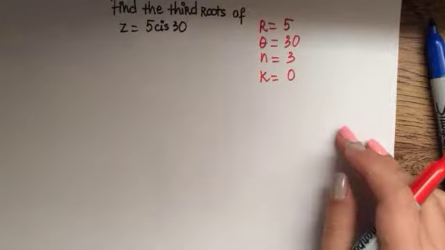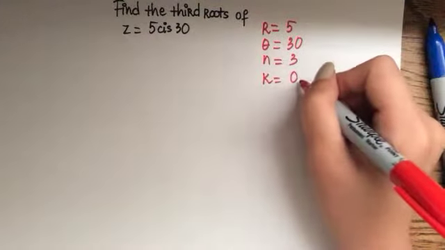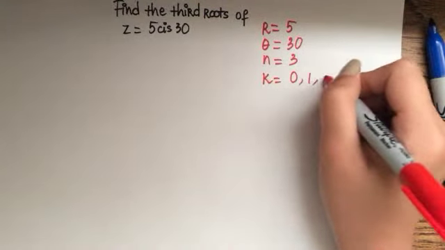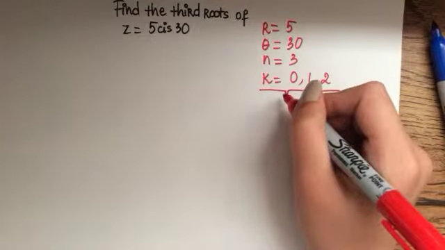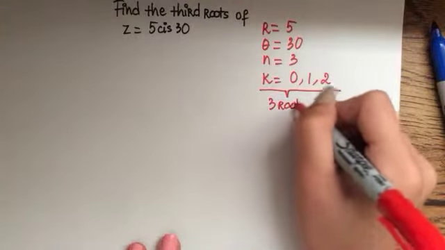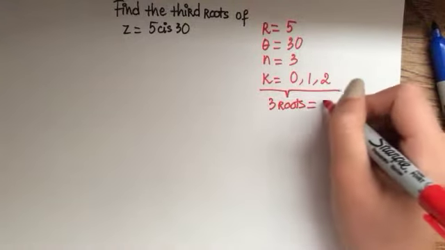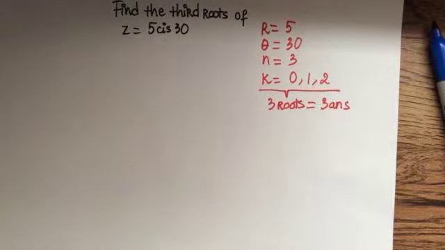So instead of root 1, you need to start with 0, then 1, 2. Since you're going to have the third root, so 3 roots, you will have 3 answers. Okay, so that's your data.